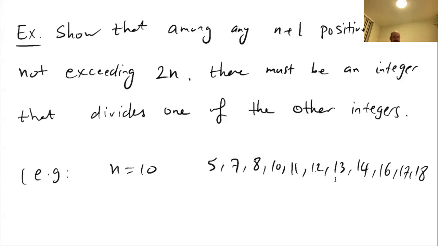I could consider different 11 integers not exceeding 20 with the same value of n. But no matter what the value of n is, and no matter how you choose your n+1 positive integers, we can always say that one of the integers in our list divides one other integer. So here, 5 divides 10, or 7 divides 14, and so on.